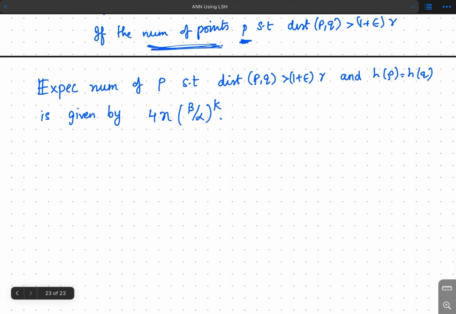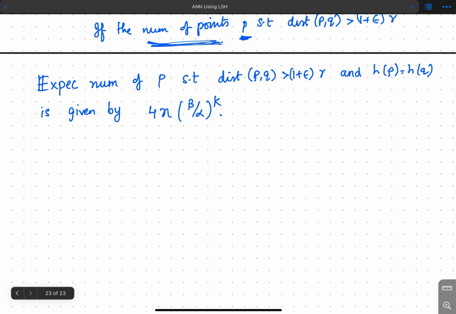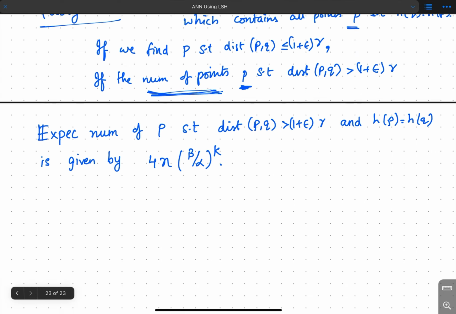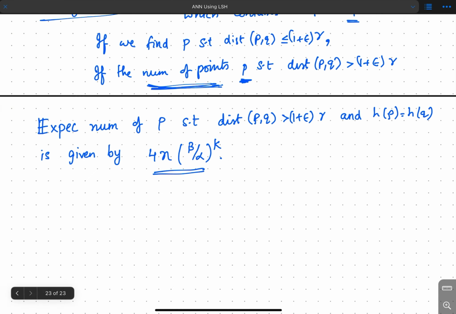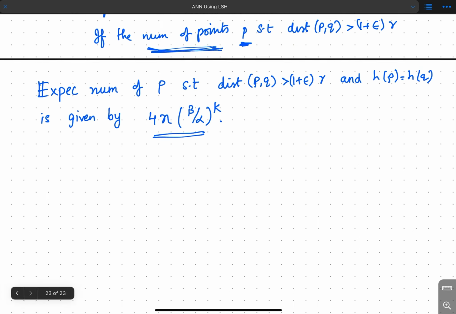So in the expected case, the list length will be at least this, and that's the expected amount of time to go through the list.